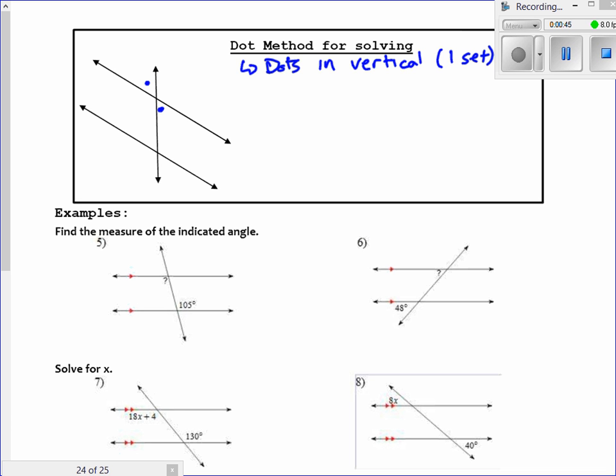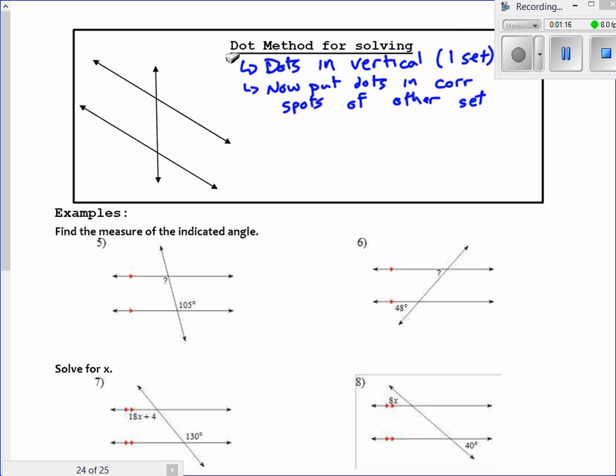And then we're going to put dots in the corresponding spots, in the same spots of the other set. So for example, since we did those two in the top set, it'd be these two in the bottom set.